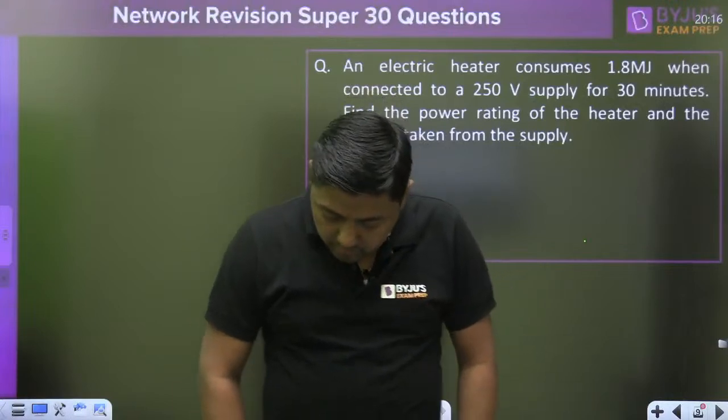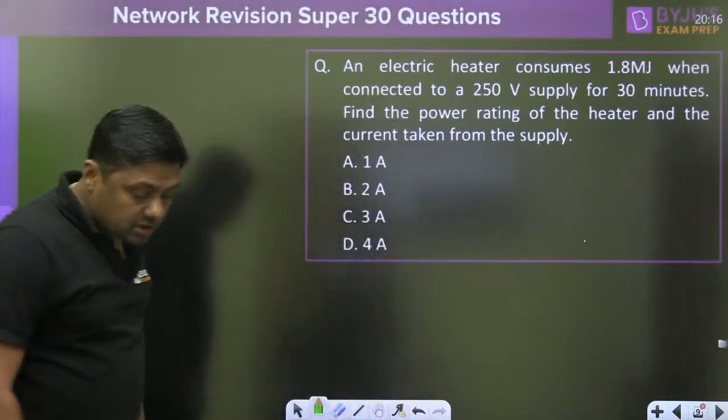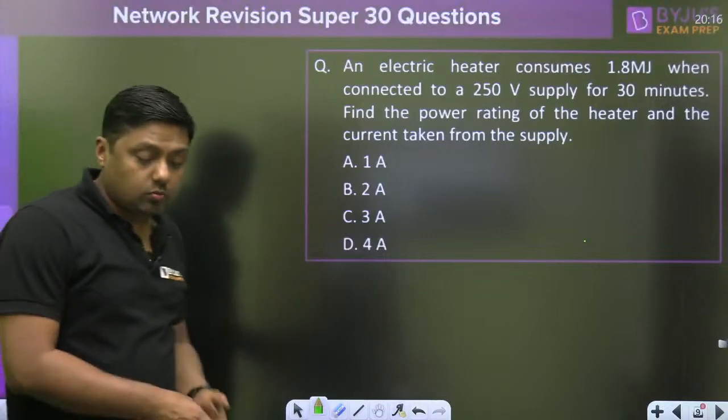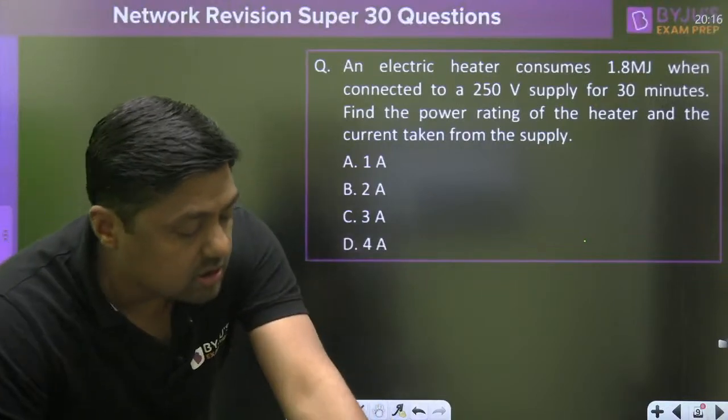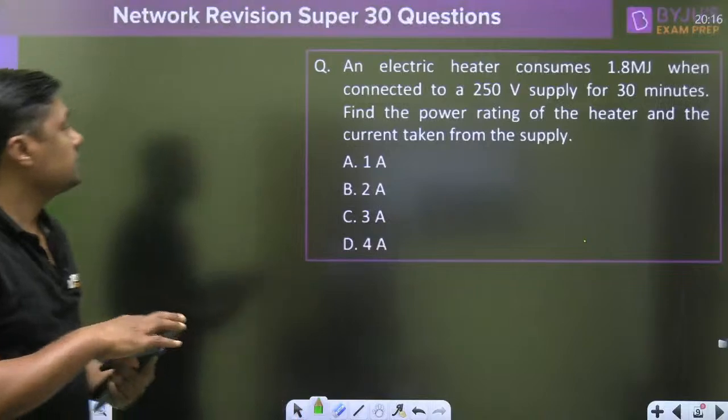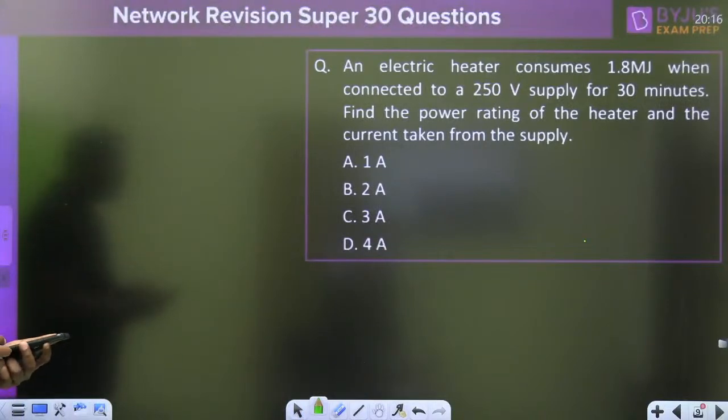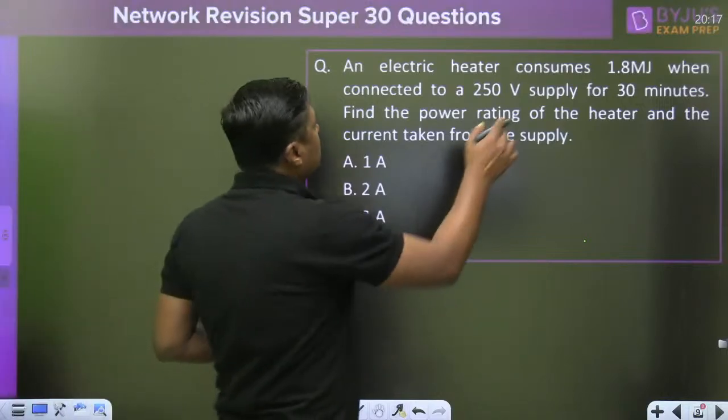Please share this once in your group, call your friends, and tell me what is the answer for this question. An electric heater consumes 1.8 megajoule when connected to a 250 volt supply for 30 minutes.